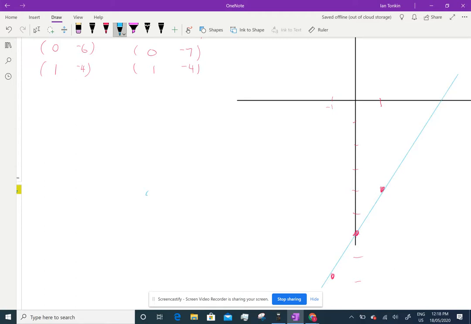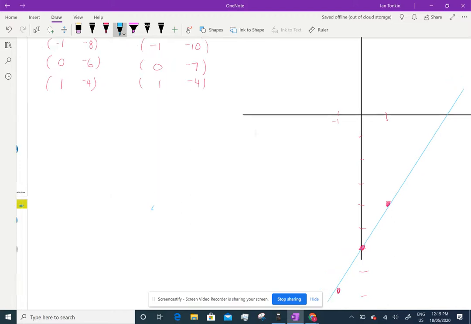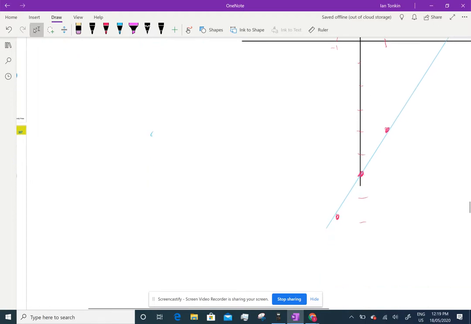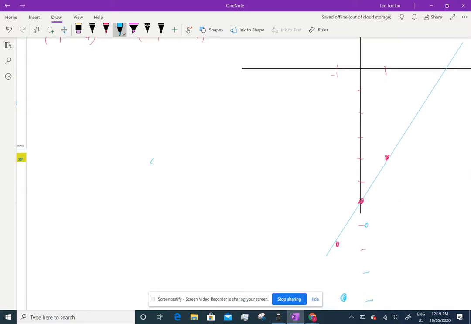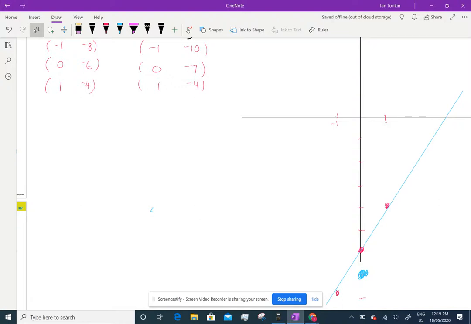Now I'm going to plot the other 3 points. I'm going to do them in the reverse colours. I'm going to do them in blue and then do a red line. And negative 1 and negative 10. Well, that's nearly off the scale. There's 8, 9, 10. So that's there. Negative 1, 0 and negative 7. Well, that's there. And 1 and negative 4, look at that.